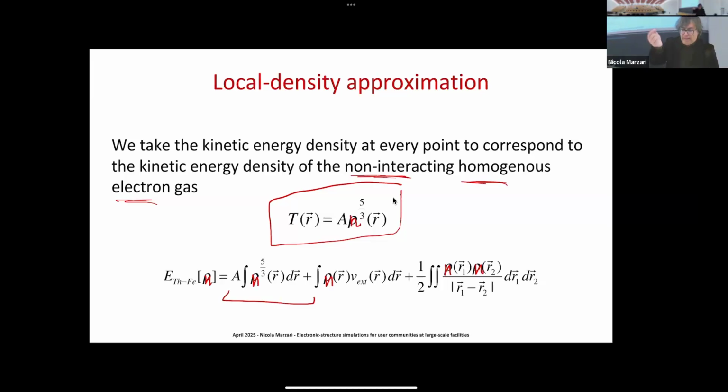Each infinitesimal cube d of r contributes n to the 5/3. And then there is an electrostatic interaction of this charge density with the external potential, and there is a repulsion of the charge density with itself.